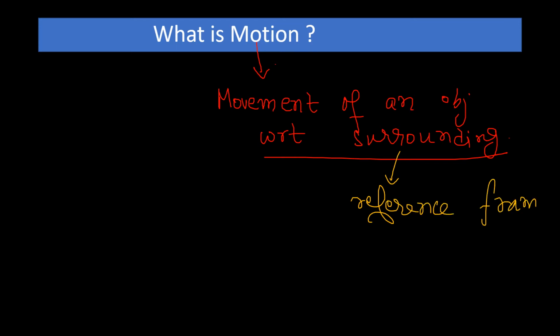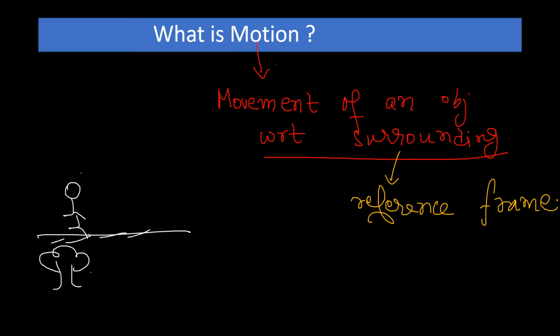So guys, I'll tell you an example here by which you can relate what I mean when I involve the surrounding frame. Let us say that there is a boy on the ground and there is a tree here.